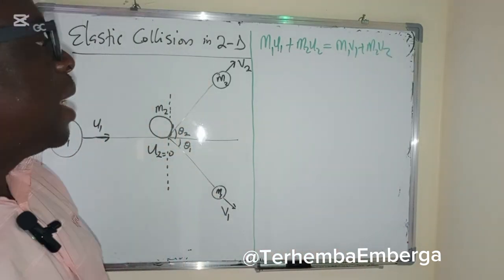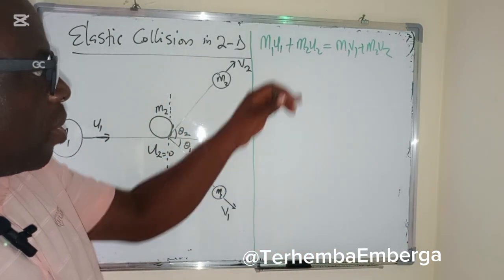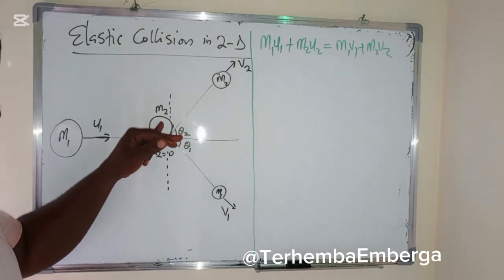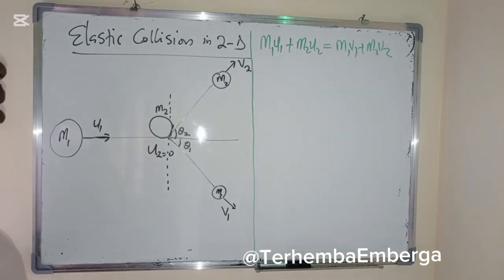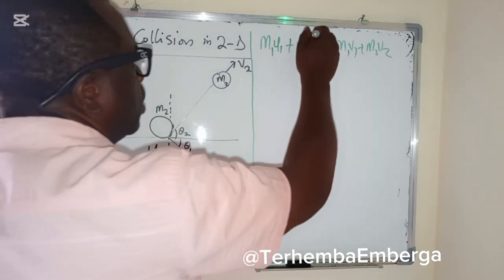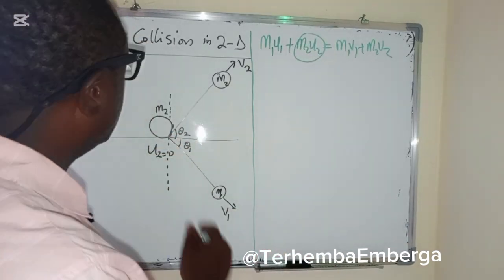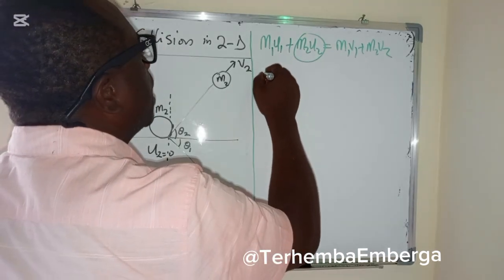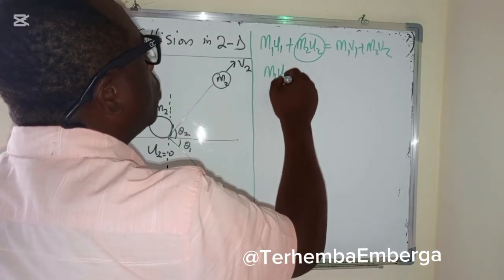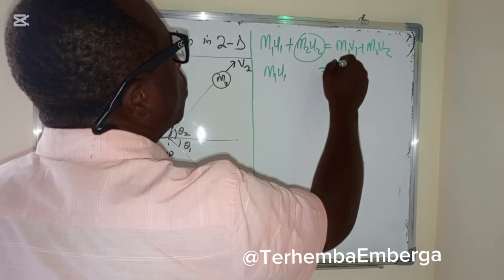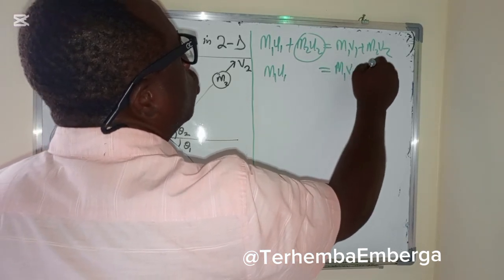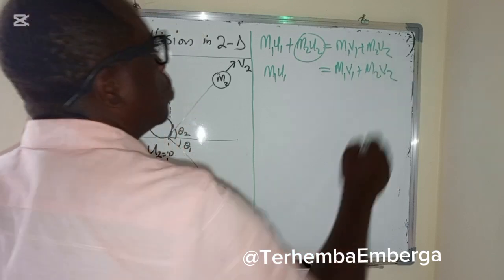This is a case of an elastic collision. But for this case, m2 is stationary. So the whole of this becomes 0 because u2 is 0. So we can now write this as m1 u1 equal to m1 v1 plus m2 v2.